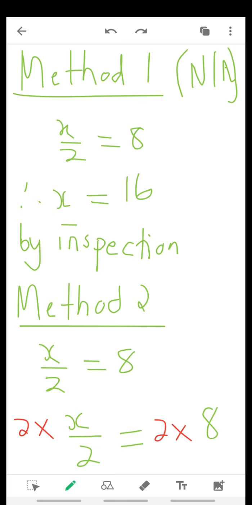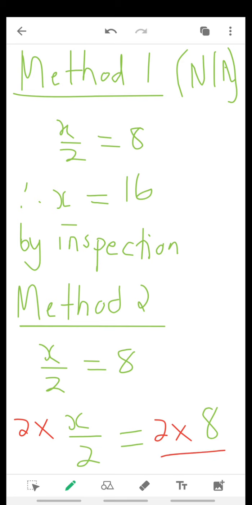Let's use calculations. So x over 2 equals to 8 was given to us, and we said I'm dividing x by 2. So that means I can multiply both sides by the same number, because the opposite of division is multiplication. So when I multiply both sides, it will be 2 times x over 2 equals to 2 times 8.